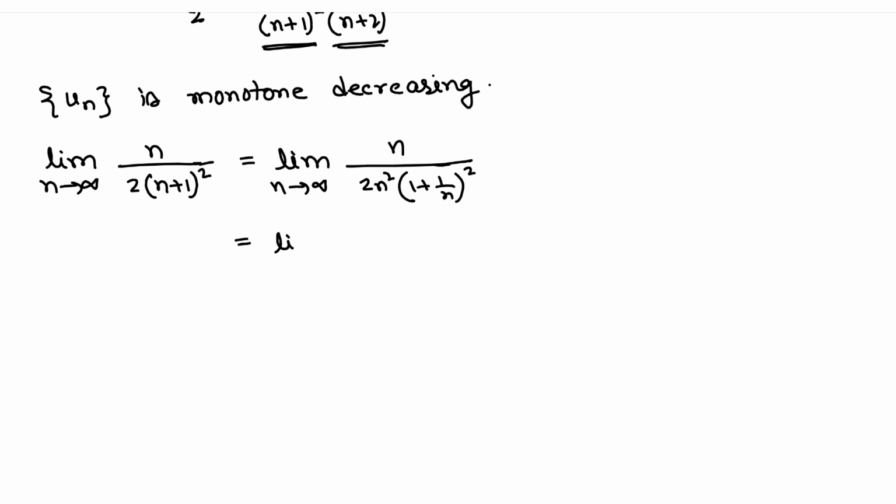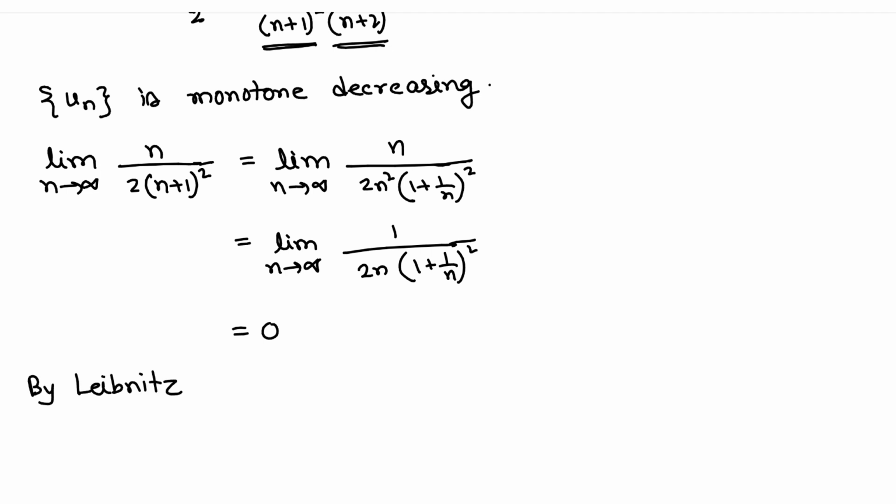So this equals limit n tends to infinity 1 by 2n into 1 plus 1 by n whole square. So when n tends to infinity, the result will be 0. So obviously here both the conditions are satisfied. The sequence is monotone decreasing and the limit is 0. So hence by Leibniz test, the series is convergent.